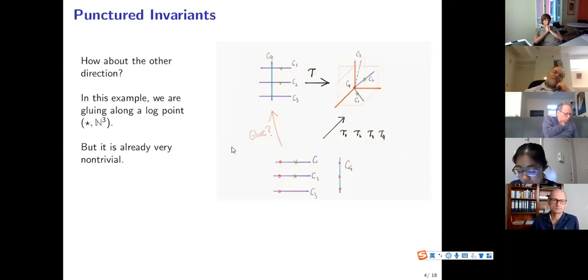But this point is not a trivial point because it has a log structure on it. So the gluing will all happen on a log point. This is the subtle thing, because gluing along objects with log structure is very hard, and even if it's a point, it's already very subtle.